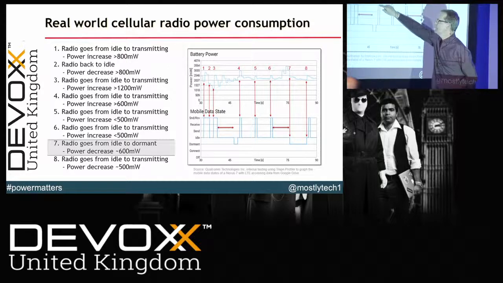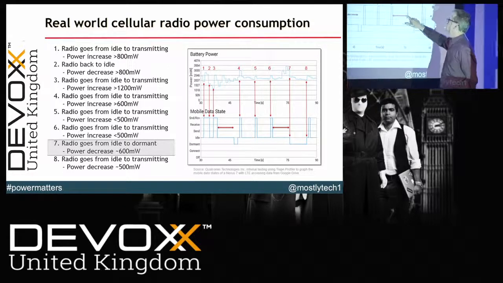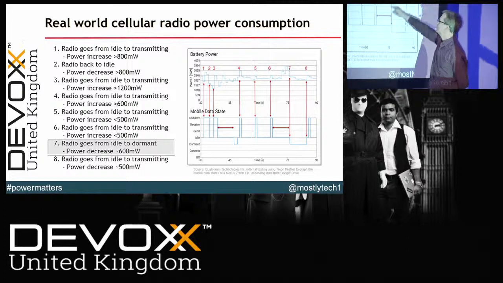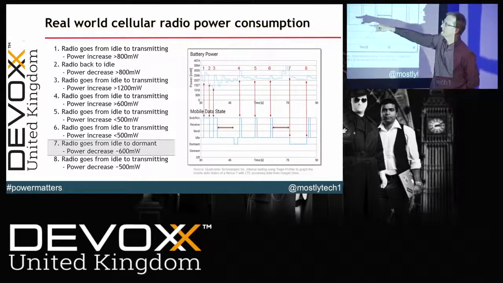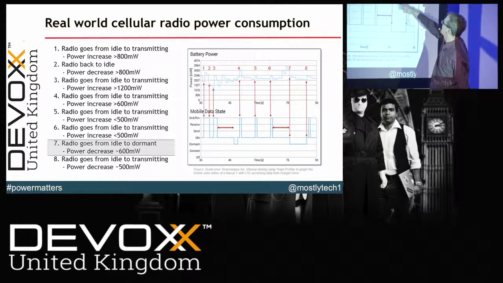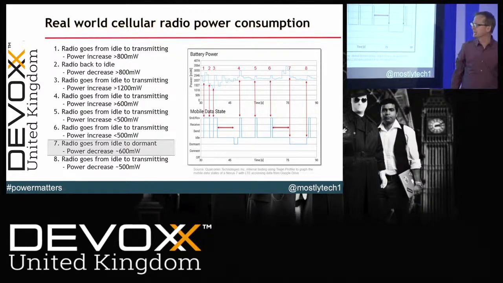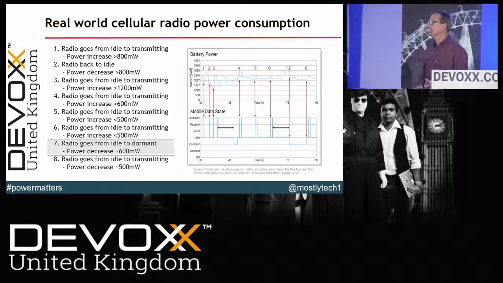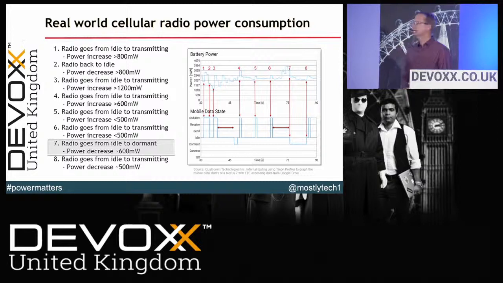And then here we have data right after that. So this is better to actually see what happens. If you look at the marker numbers, actually 7, I think I've got it wrong. The radio goes from an idle to a dormant state, and the power decreases 600 milliwatts. So it just shows the theoretical chart from earlier, that it really exists.